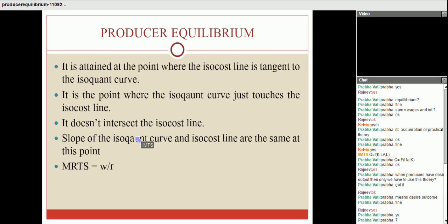The isocost doesn't intersect the isoquant curve. It just touches it at a point. It is just tangent to it. So the slope of the isoquant curve and the isocost line are the same at this point, and the marginal rate of technical substitution is equal to wages upon the rate of interest. Any doubts?